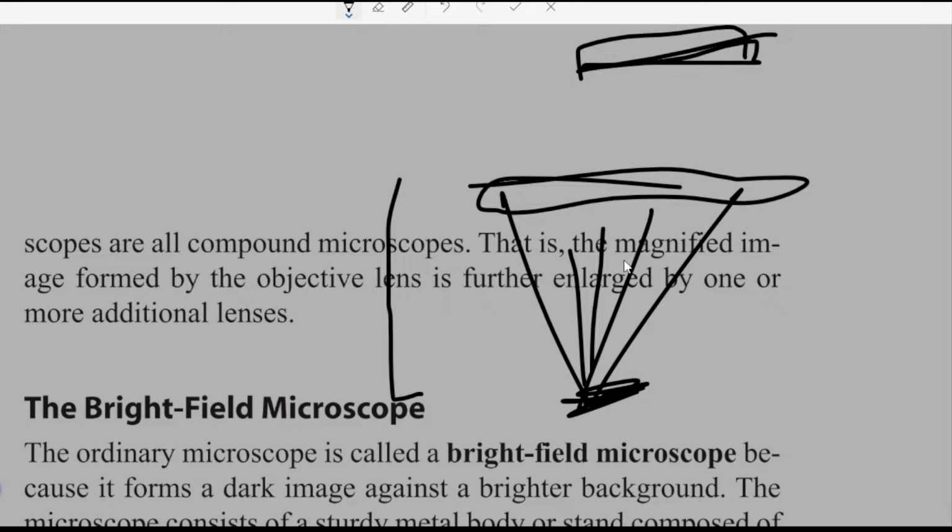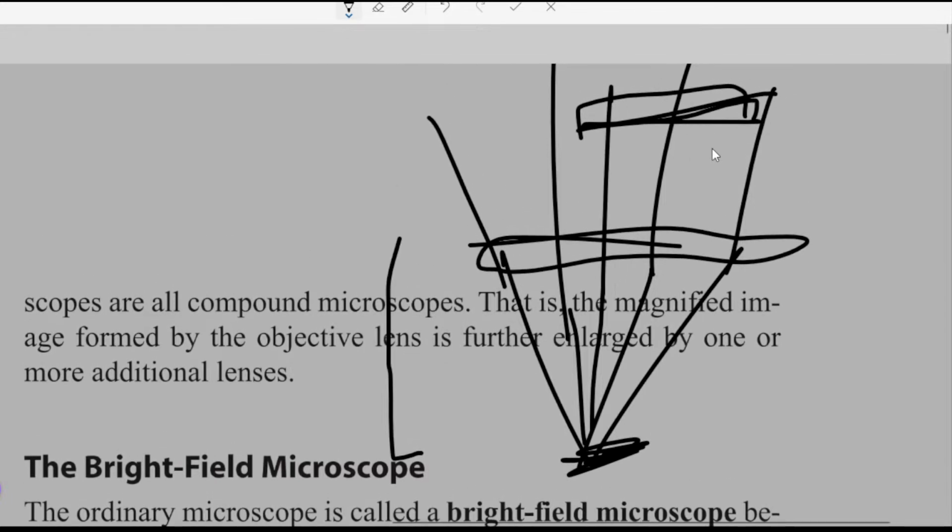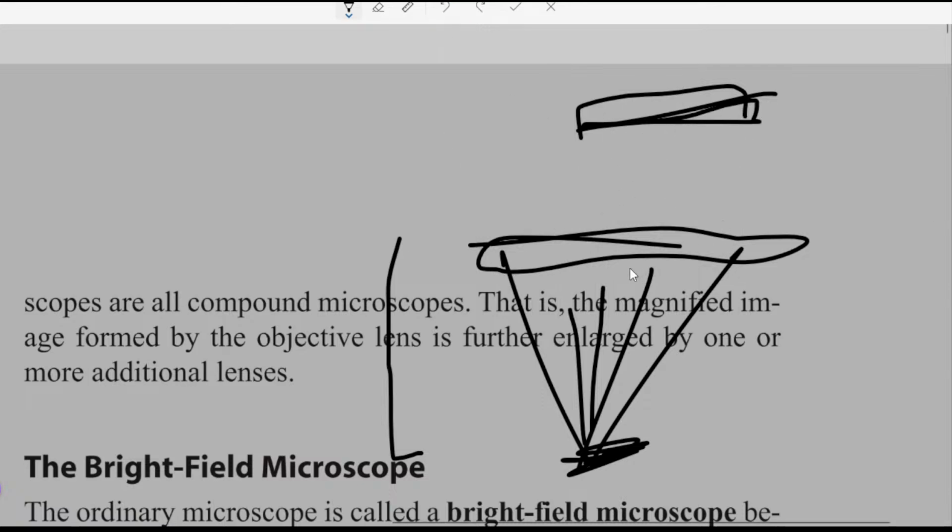Stage means the slide, like the specimen we are going to study. So if this light went directly here, I am very rough at drawing it, but you see, it isn't focused and the lens doesn't know how to work, if there is a lens in between there, right? So there comes a condenser, and this is a condenser.